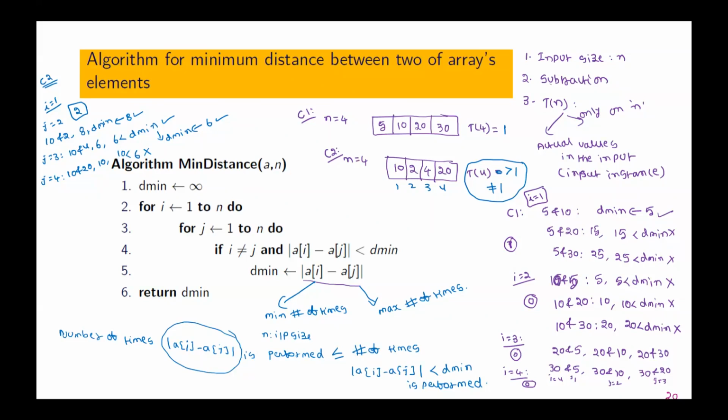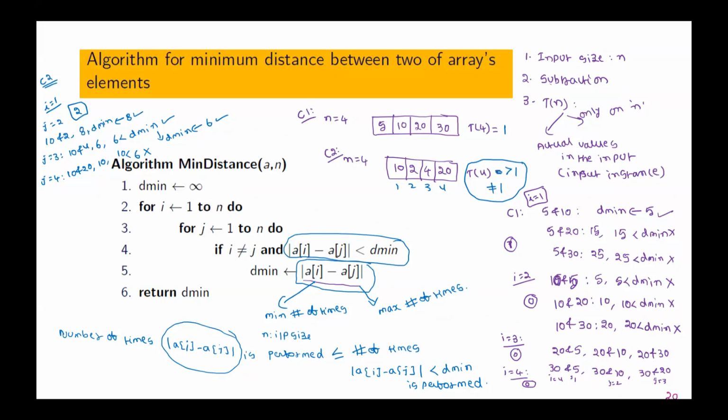In this algorithm, we know that the number of times the operation given in step 5 is performed is less than or equal to the number of times the operation given in step 4 is performed. That means we have some operation which is performed more number of times.